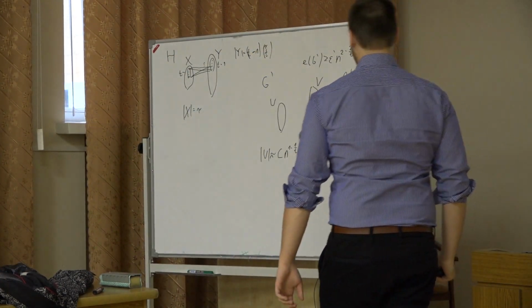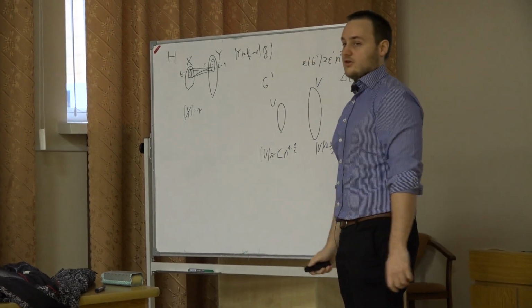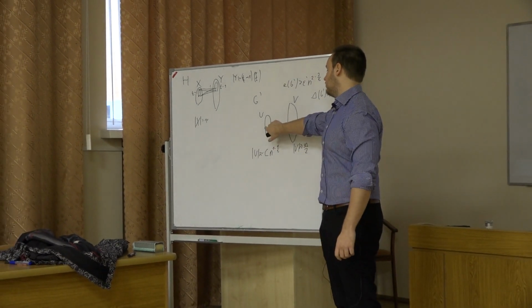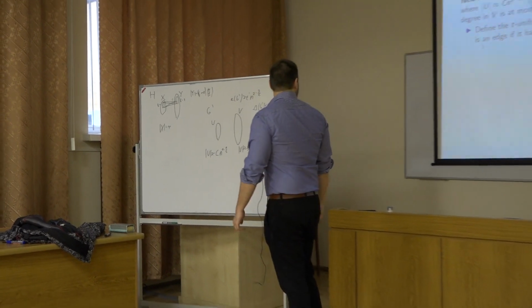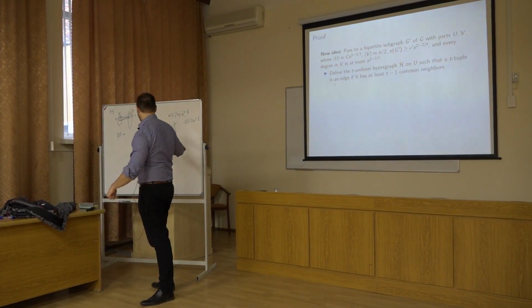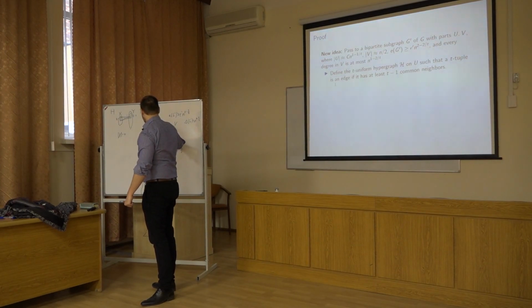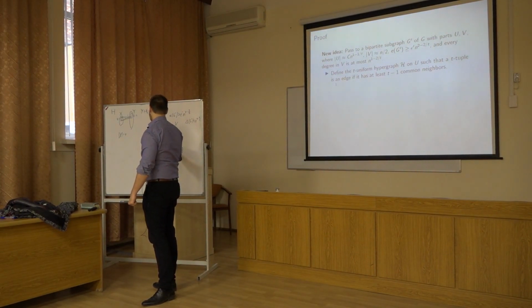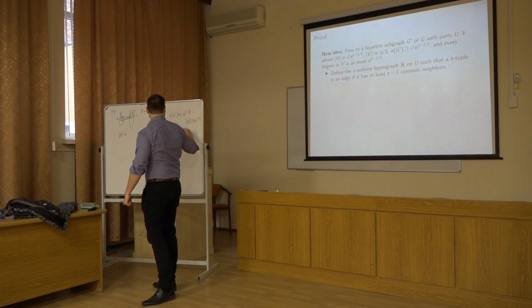And now what we are going to do is define a t-uniform hypergraph on U such that a t-tuple forms an edge. Here, a t-tuple is an edge in this hypergraph if it has at least t minus 1 common neighbors.